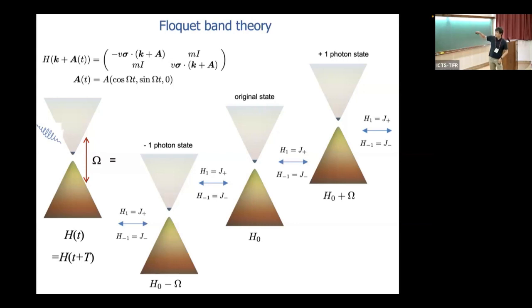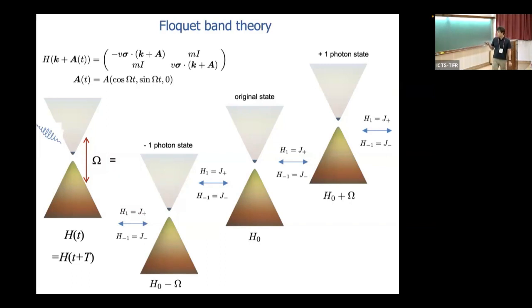And then these different replicas couple to each other through the coupling given by the Fourier transform, the non-zero Fourier transform of the time-dependent Hamiltonian, which turns out to be the current operator in this example.